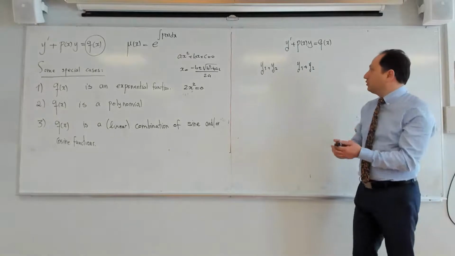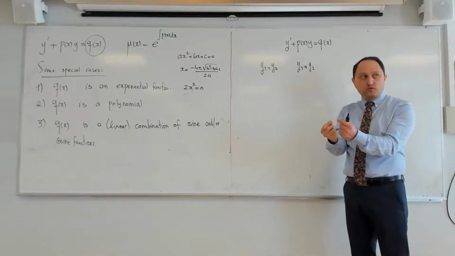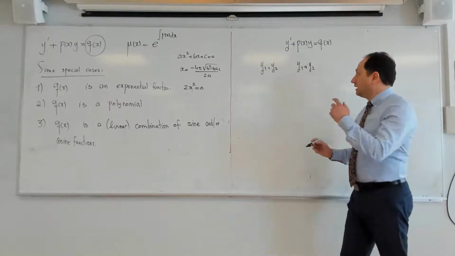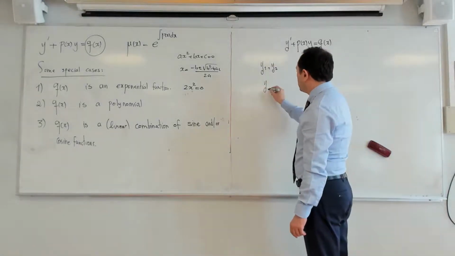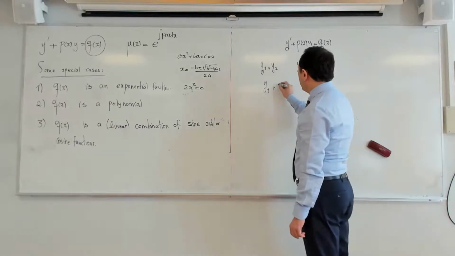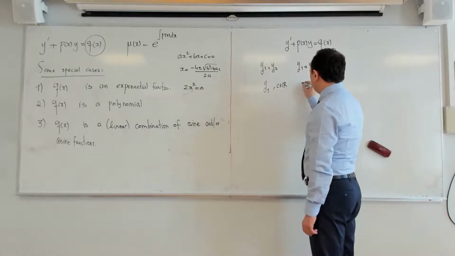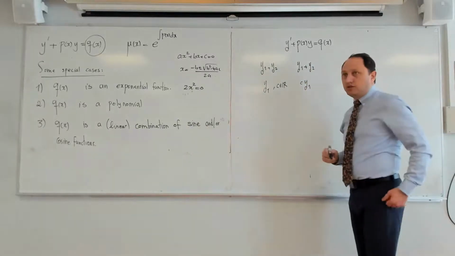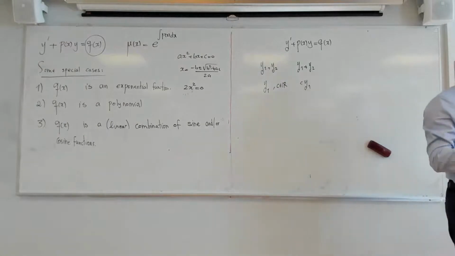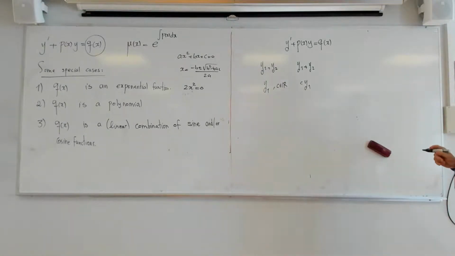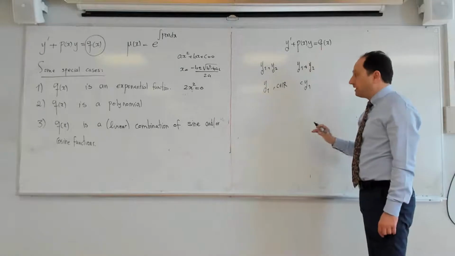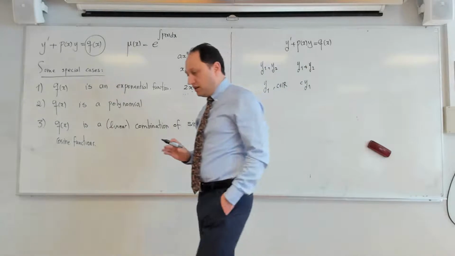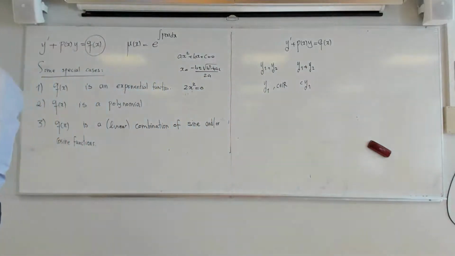If I add them together, I get a new function, and this new function is again a solution. If you give me one solution and a constant number, then multiplying my constant by this solution is again a solution. So if you give me two solutions and I add them, the answer is again a new solution. And if you give me a solution and I multiply it by any constant that I like, I will have a new solution again.